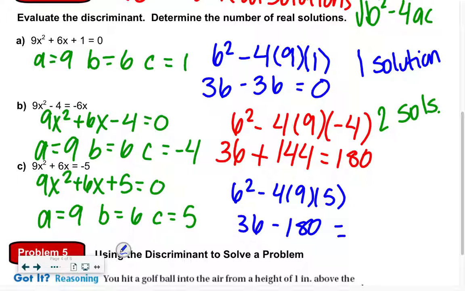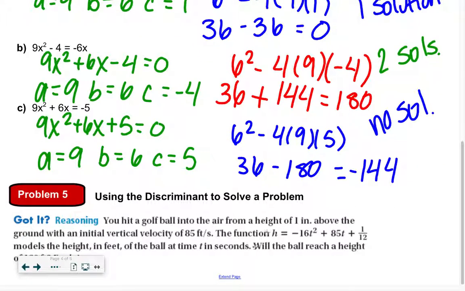Square root of negative 144. So I get a negative, so how many solutions are there? None. No solution. Everybody agree? Okay. One more.